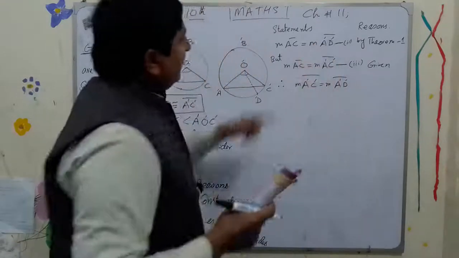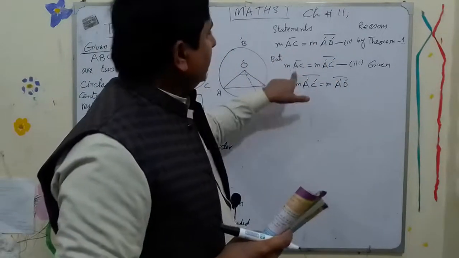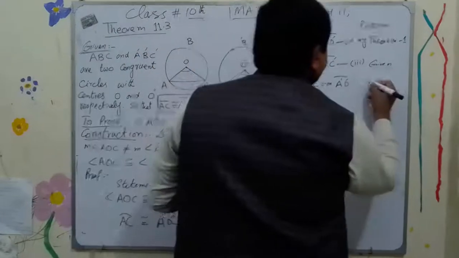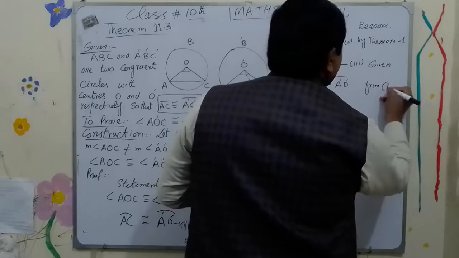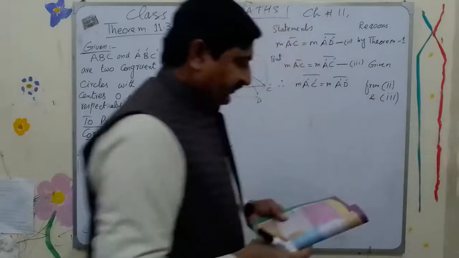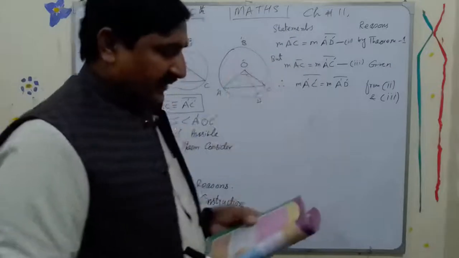If AC is congruent to AD and AC is congruent to A prime C prime, both have become equal, and this is from 2nd and 3rd.